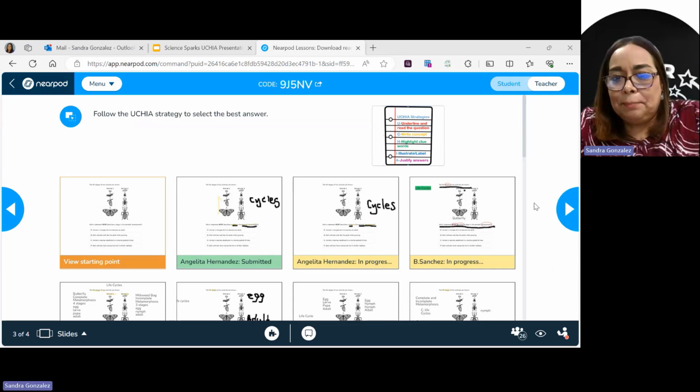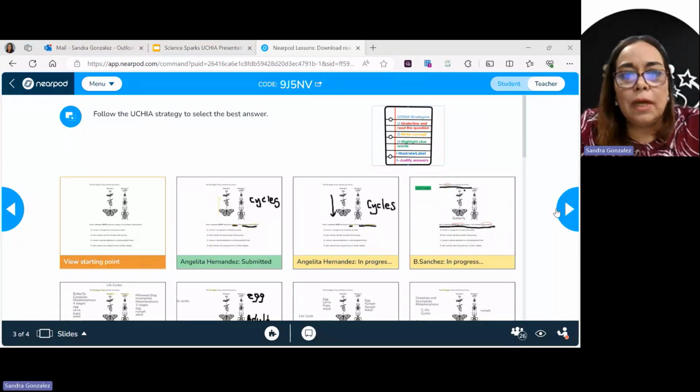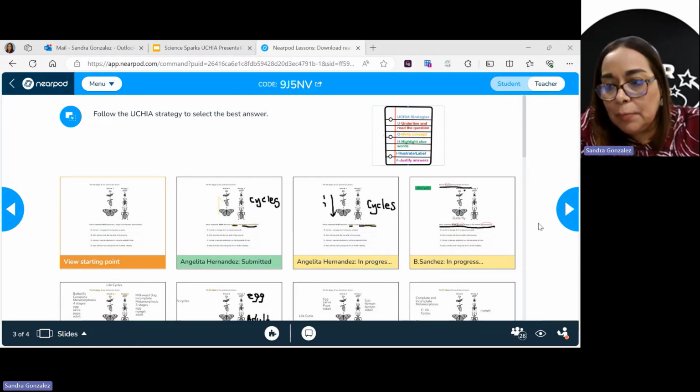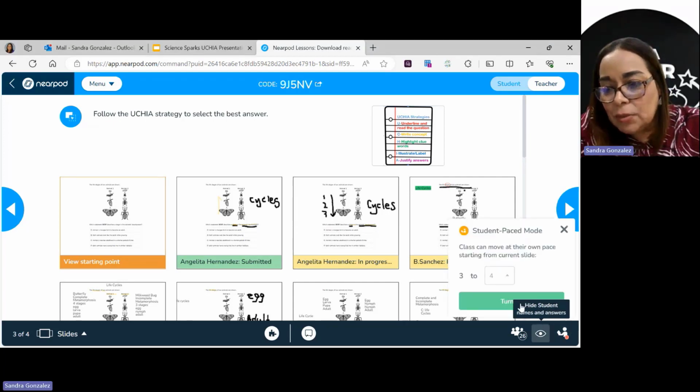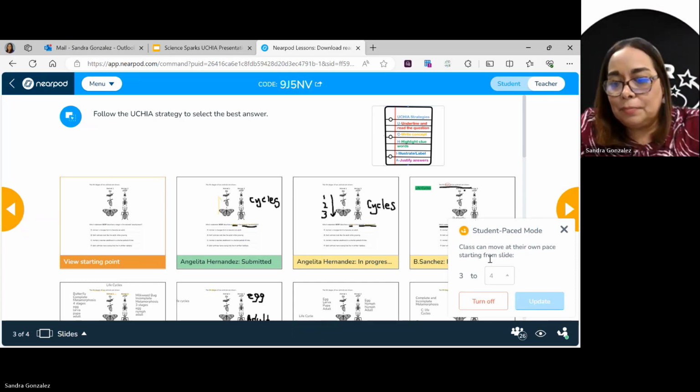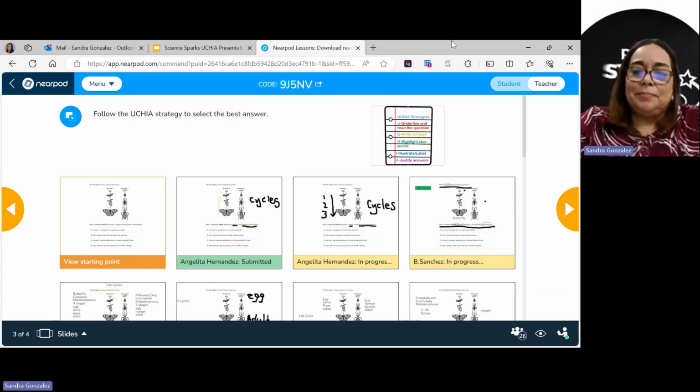Sandra, can you open it up? Because if you go back and forward, they can only work in the current one that you can see. I did that. I'm back in the first one. But if they were working on the second one, they can't see it. What you can also do, let me put the student pace in the top right corner. Yes. There we go. They need to hit edit answer so they can change their answers. If they don't hit edit answer, they can't re-edit. Okay, so there we go. Did it update? Is it letting you go back and forth? Yes. Okay, sorry.